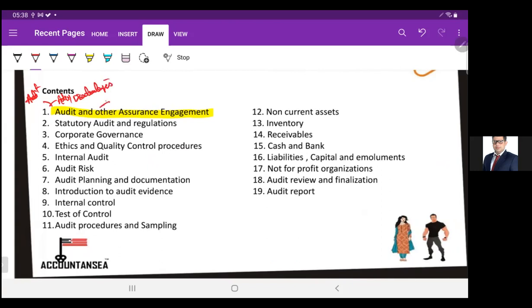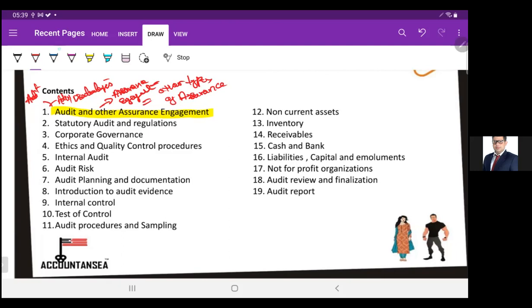You will learn what is assurance engagement, and you will learn other types of assurance engagement, which include positive assurance, reviewing engagement, agreed upon procedures, and compilation engagement. That is our first chapter.